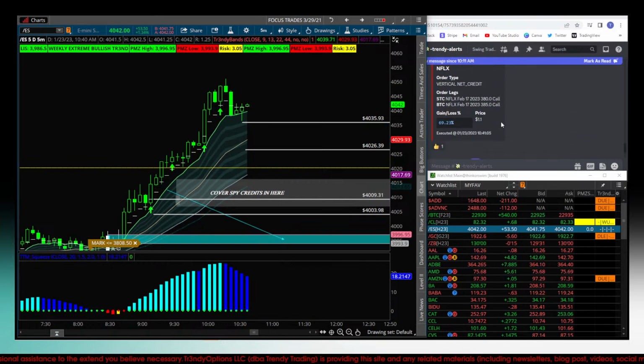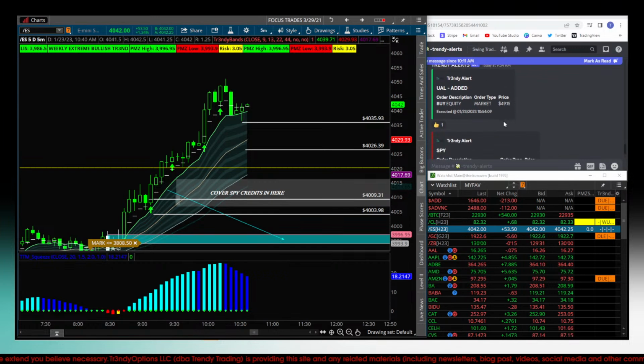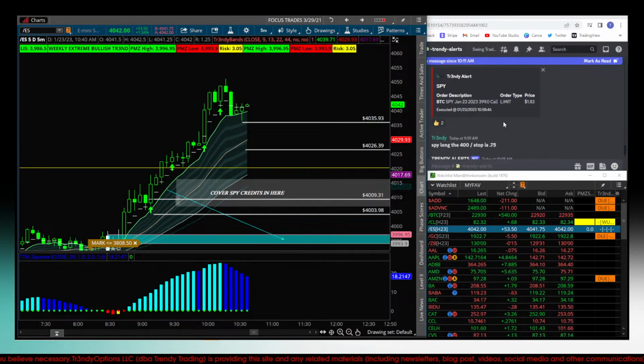So then we get to the point where I cover the short side right here. So remember, I sold the 399 and I'm long the 400. That was my credit of 53 cents or 55, whatever it was.